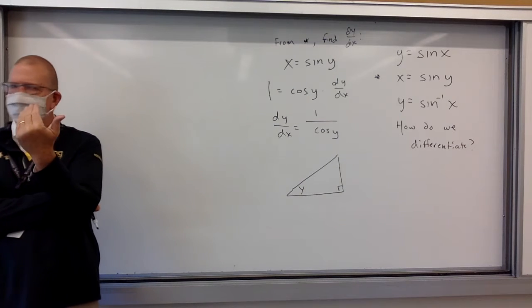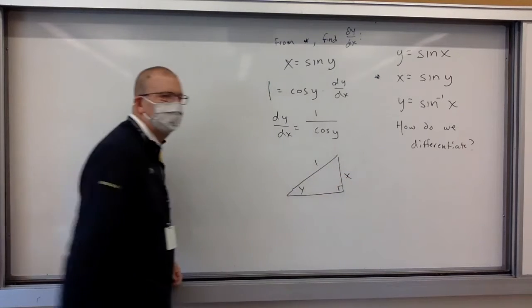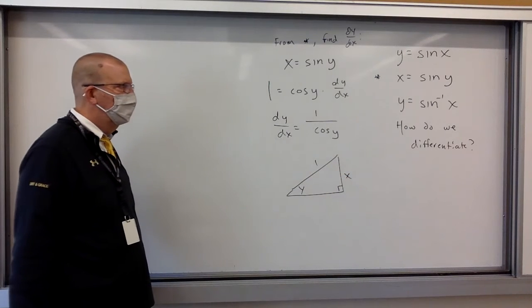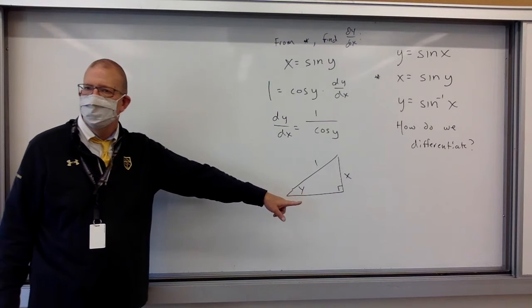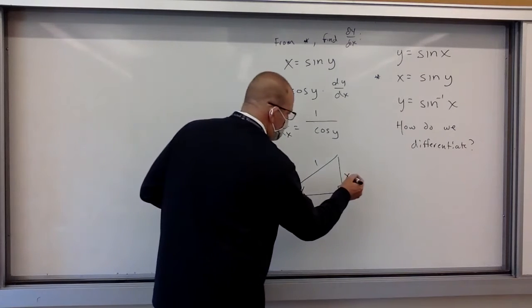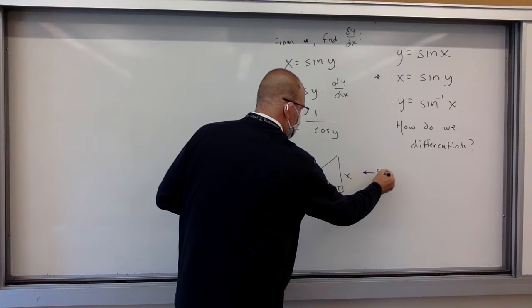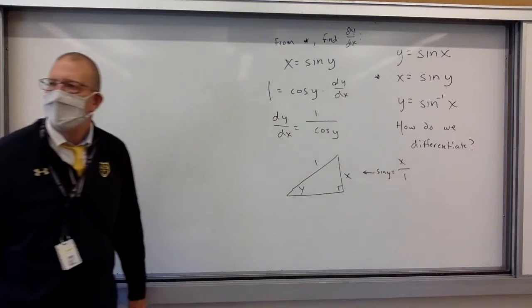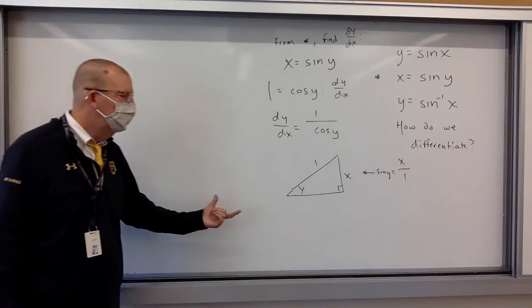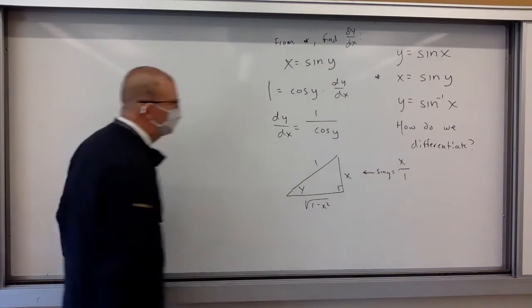Opposite over hypotenuse, right? The sine of y equals x. Let's just make that clear. So what is the third side then? Pythagorean theorem, root 1 minus x squared.